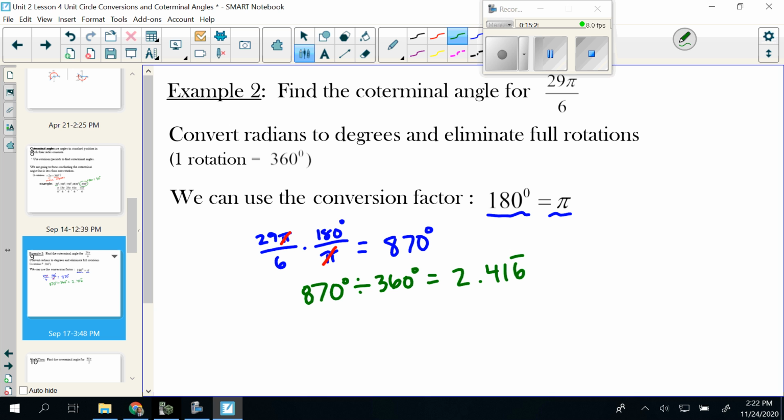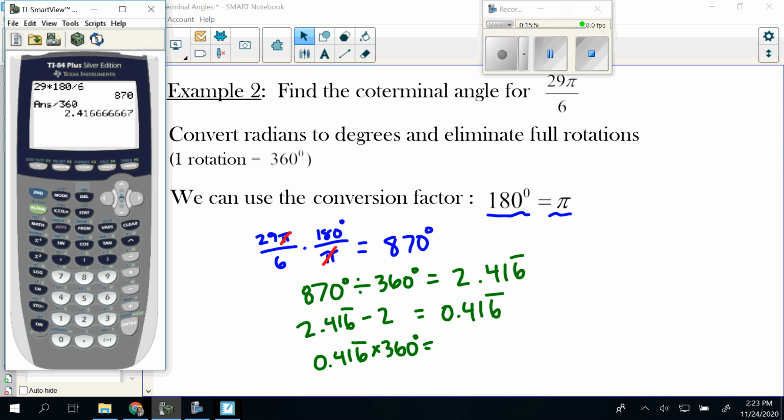All right, so let's subtract off those 2 full revolutions. So we're going to minus 2 here. So that leaves us with 0.416 repeating. And then we're going to multiply that back by 360 per period and see what the coterminal angle is.